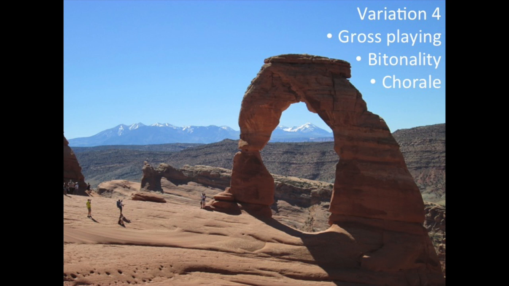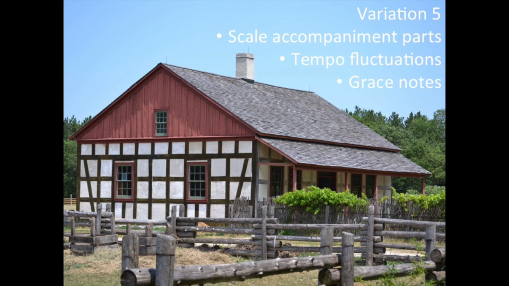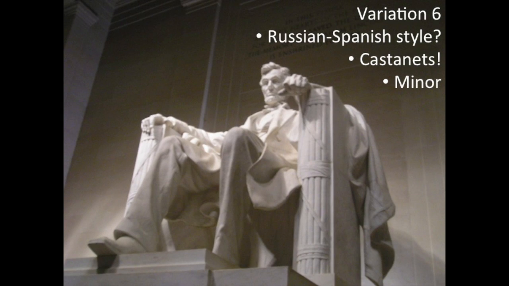In the fourth variation, the brass playing might stand out, the use of bitonality, the use of chorale, which differ from the formats that we heard in the previous variations. The fifth variation has accompaniment parts that are scale-based, extensive fluctuations in tempo, and grace notes in particular in those accompaniment parts.